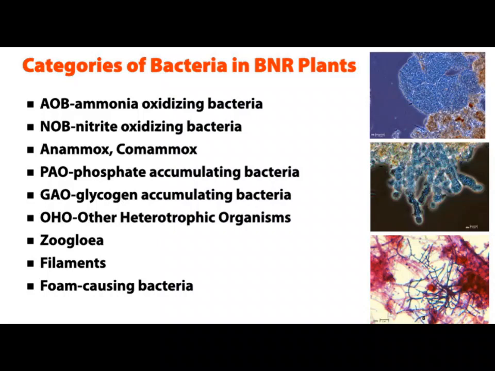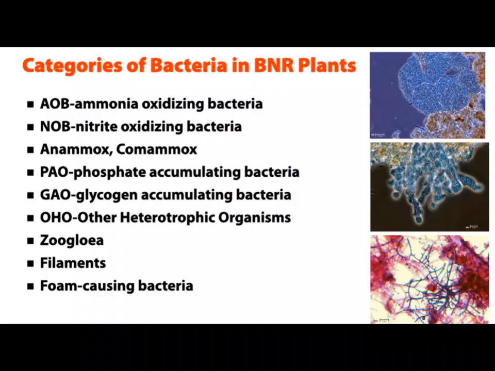One of the things that has really been remarkable as plants have shifted from conventional activated sludge to BNR, because BNR incorporates pressure points where we're actually selecting for competing species, it's largely deselected the growth of filament.